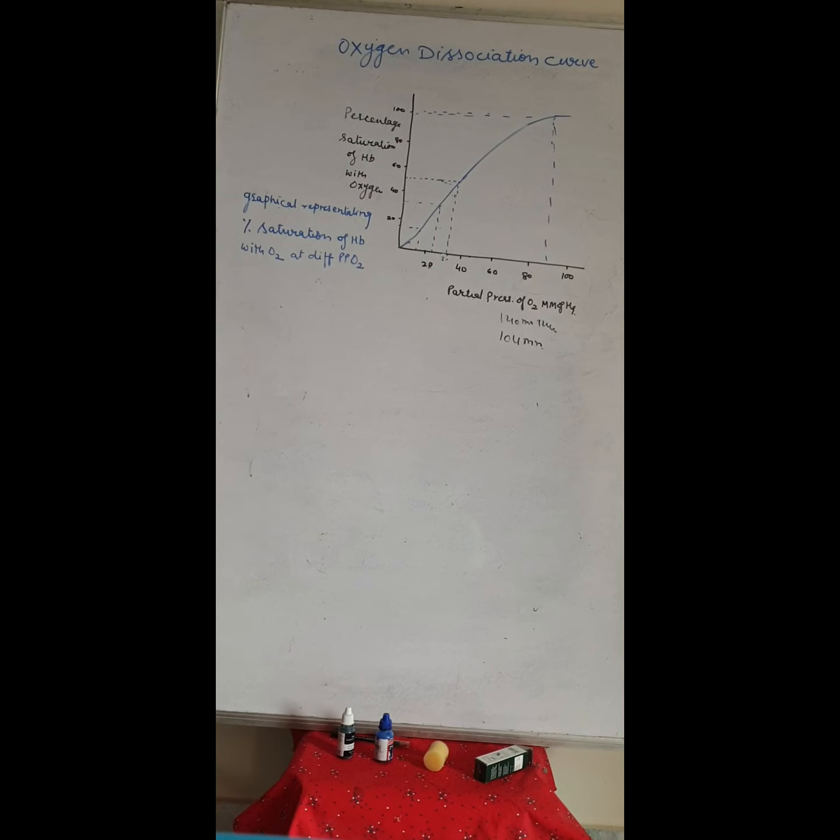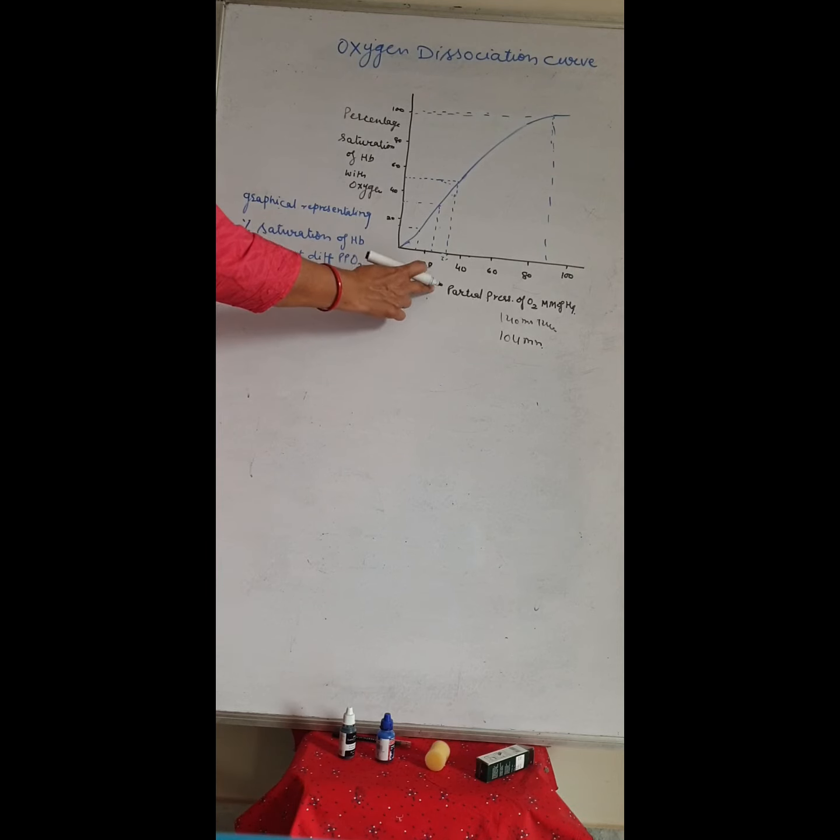The first factor is PO2. For example, when the PO2 is 60 to 80, the hemoglobin saturation is 90% or more, highly saturated.